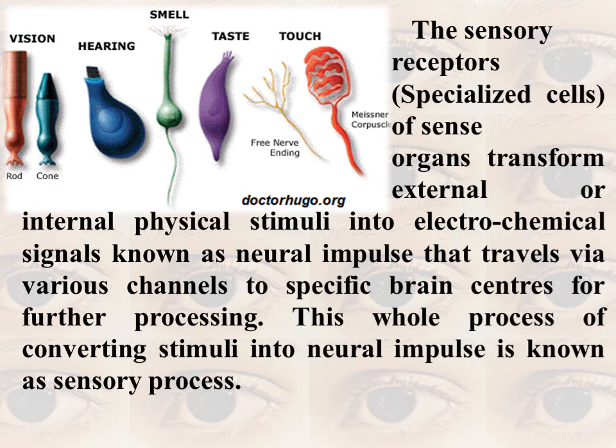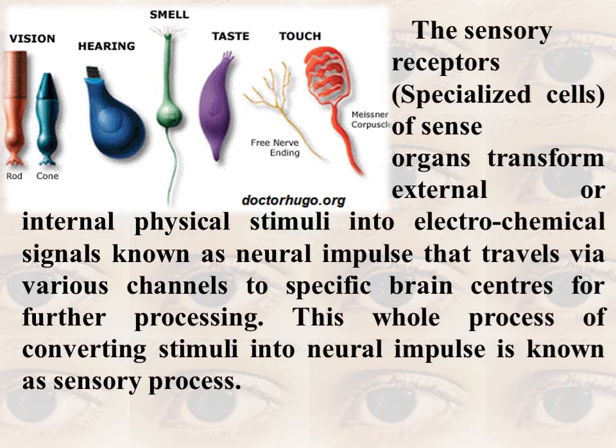sensory process. How do these sense organs interpret various physical stimuli? Because they have sensory receptors, which are nothing but specialized cells. These specialized cells, found in each sense organ, transform the physical stimuli, external or internal, into electrochemical signals, technically known as neural impulses.